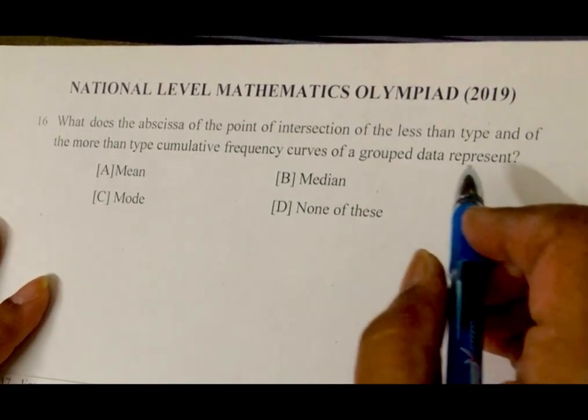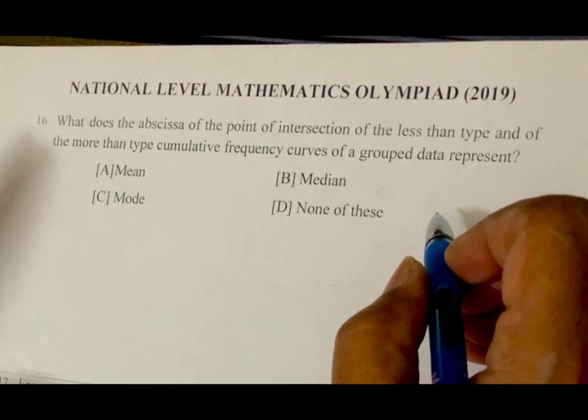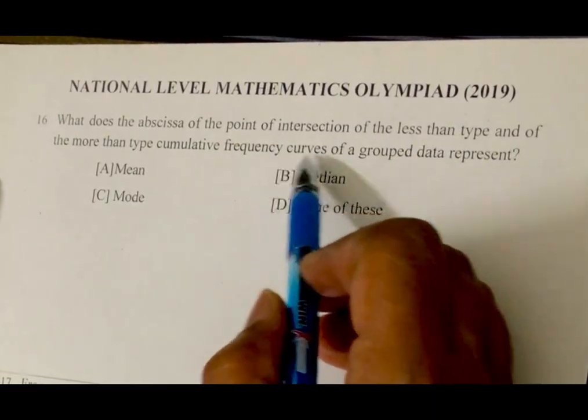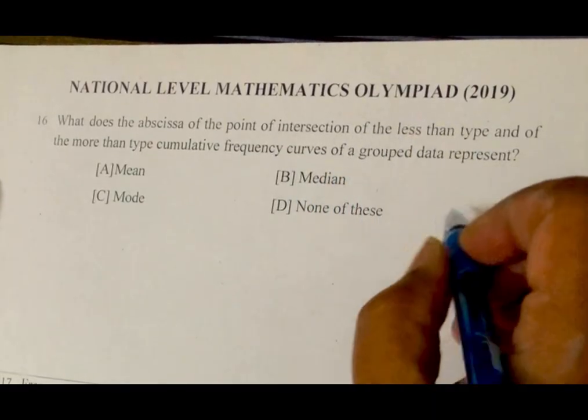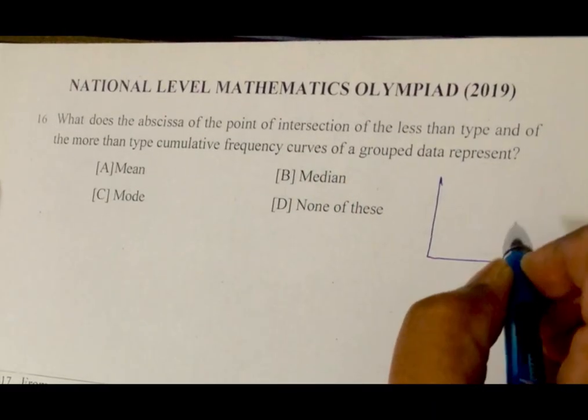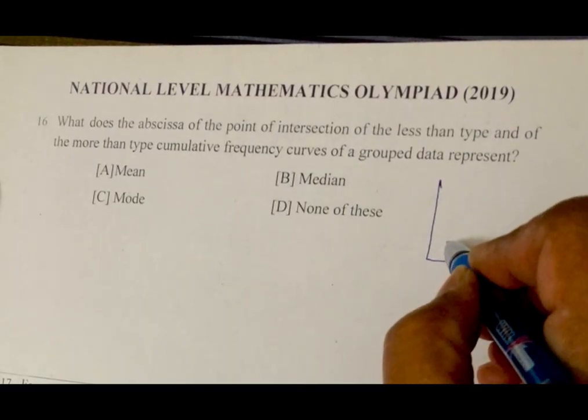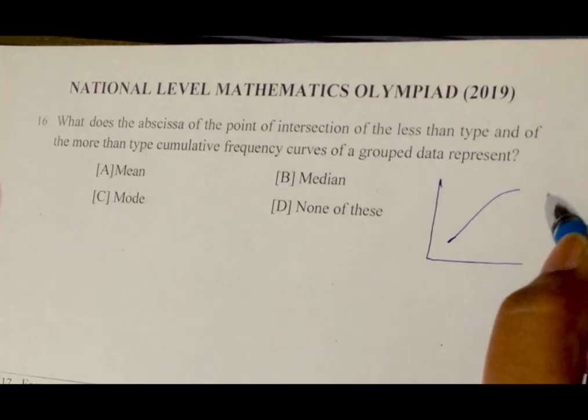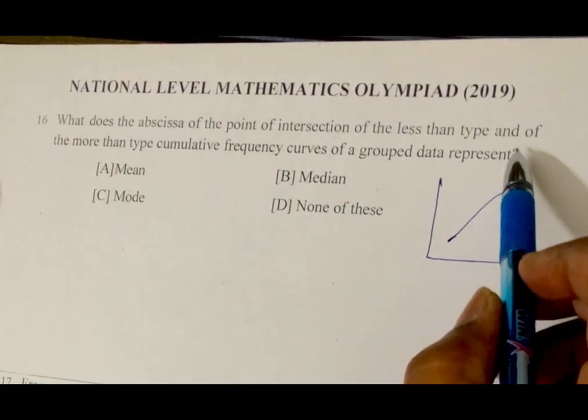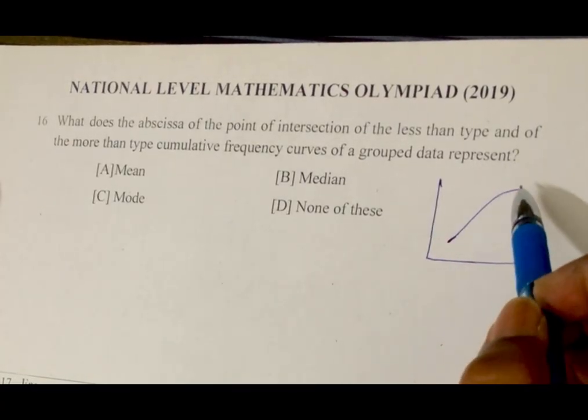Now we know that we have two types of cumulative frequency curves. In less than type, the graph rises from left to right like this. This is for less than type.